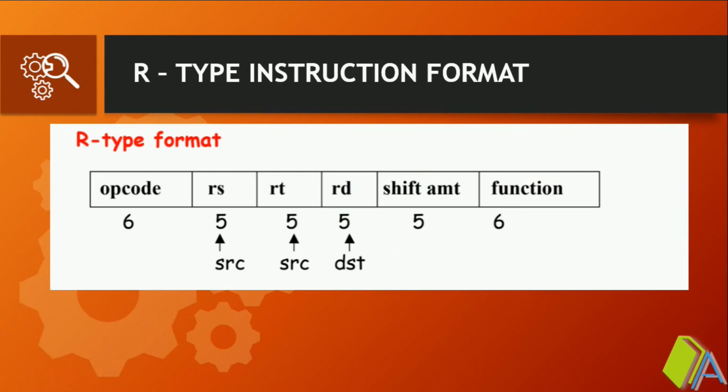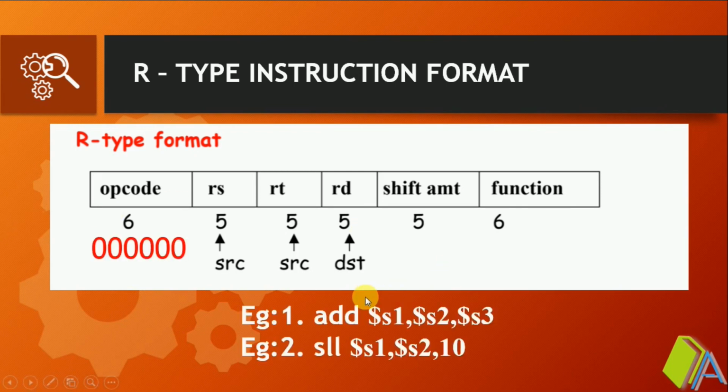The name R-type is given for register type format because we are going to deal only with instructions which use only registers as operands. For example, add as well as sll. In the first case, S1 is my destination register, and S2 and S3 are the source registers.